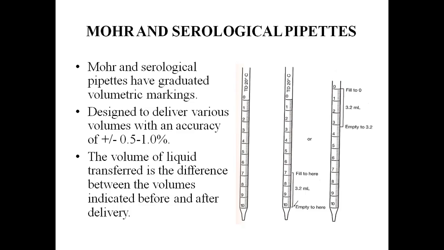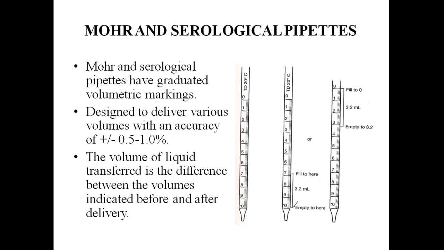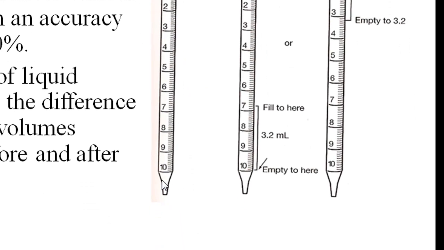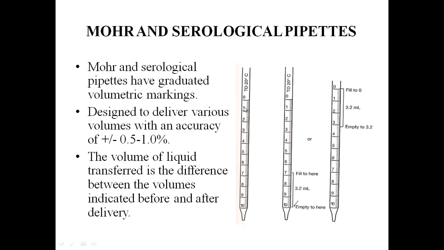What do you mean by Mohr and serological pipettes? Mohr and serological pipettes have graduated volumetric markings. You can see over here both these pipettes have graduations or markings beginning from 0 to 10. They are designed to deliver various volumes with an accuracy of plus or minus 5 to 1%.